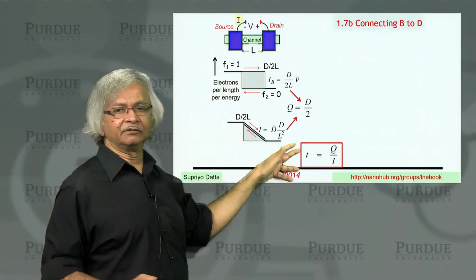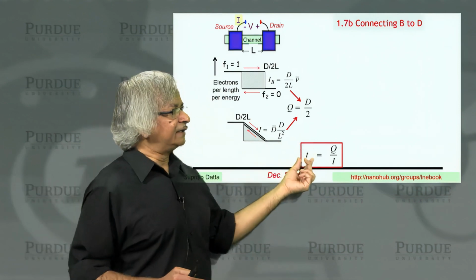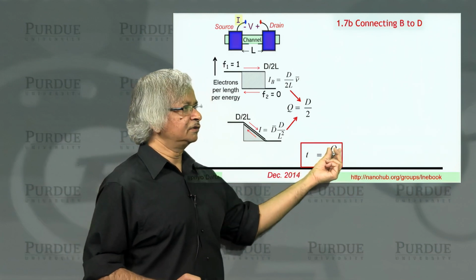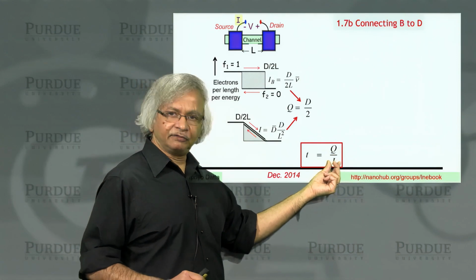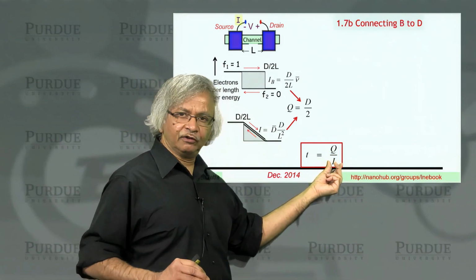And a fundamental relation that I've often brought up is that the average time an electron spends in the channel is equal to the number of electrons in the channel at steady state divided by the flux of electrons, the rate of flow of electrons, this current.